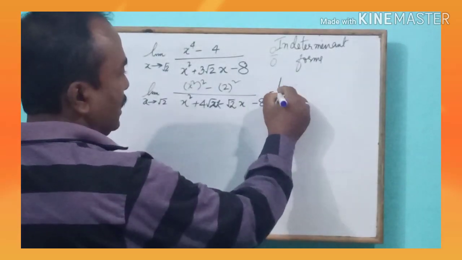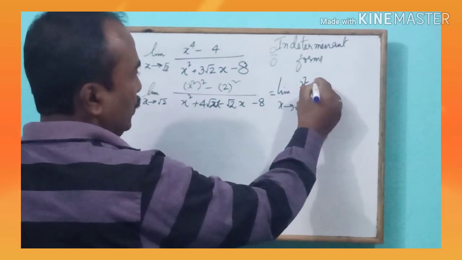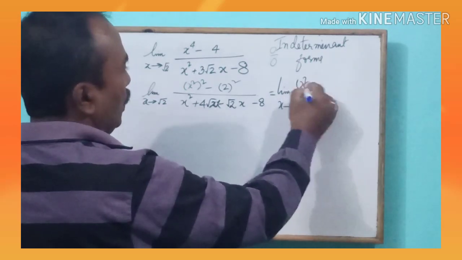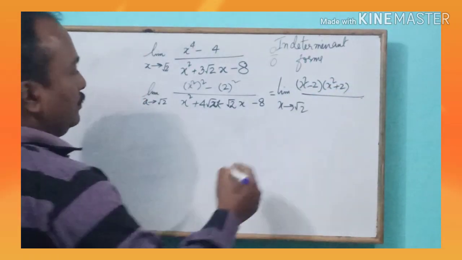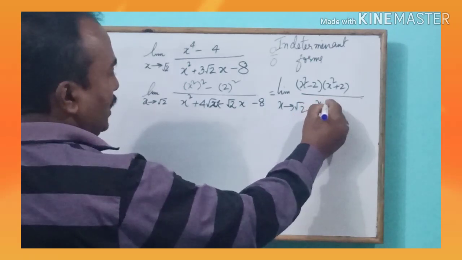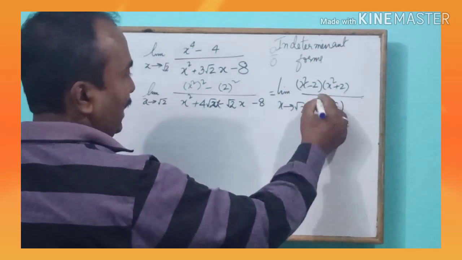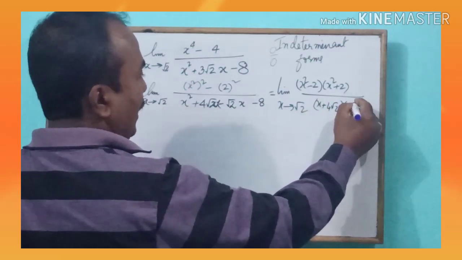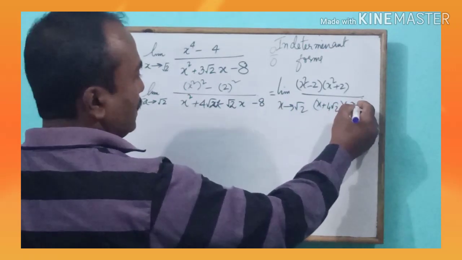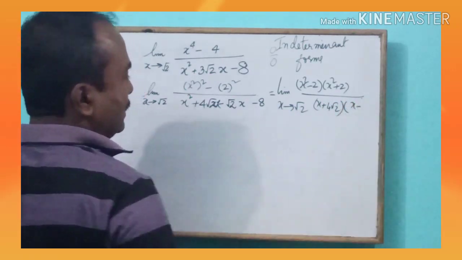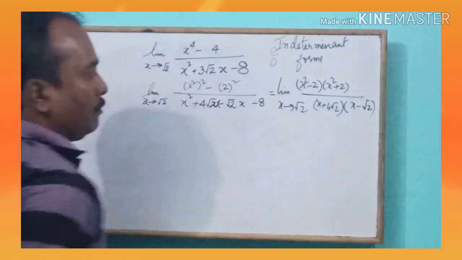So this is further written as limit x tends to root 2 of (x square minus 2)(x square plus 2) divided by x into (x plus 4 root 2), and we take minus root 2 common from the rest, (x plus 4 root 2) minus root 2 (x plus 4 root 2).